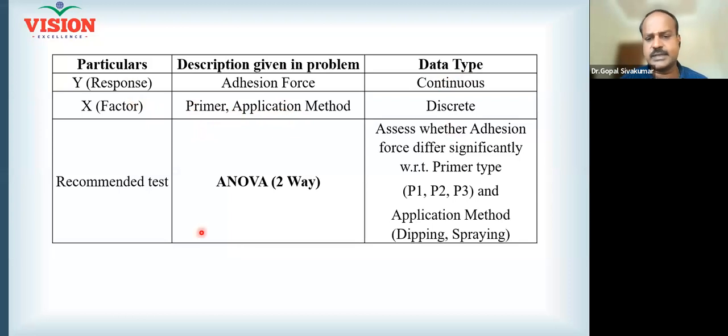These are discrete or attribute factors. Because for primer, there are 3 discrete possibilities: primer 1, primer 2, primer 3. And application method: dipping and spraying. That means the number of levels for primer is 3, and for application method is 2.